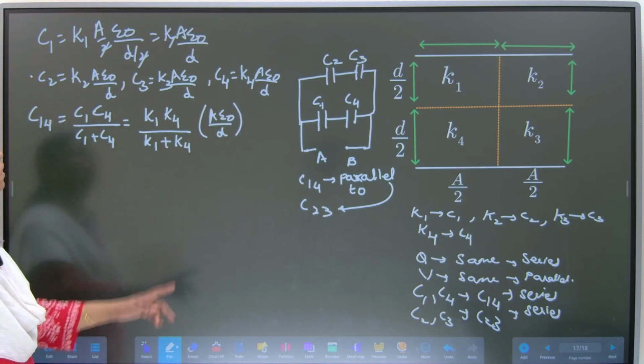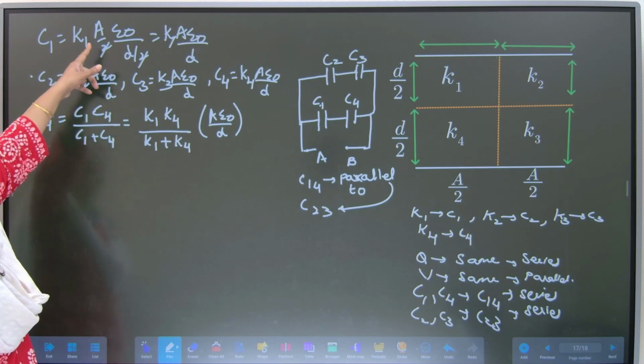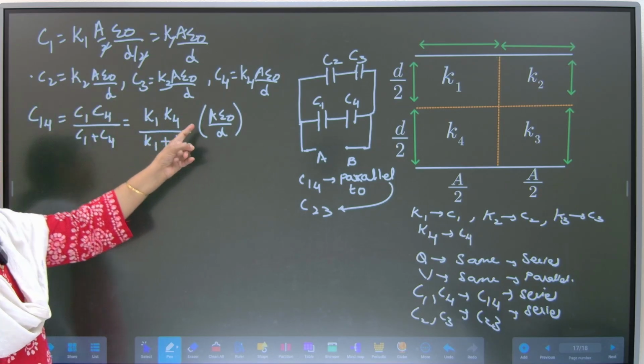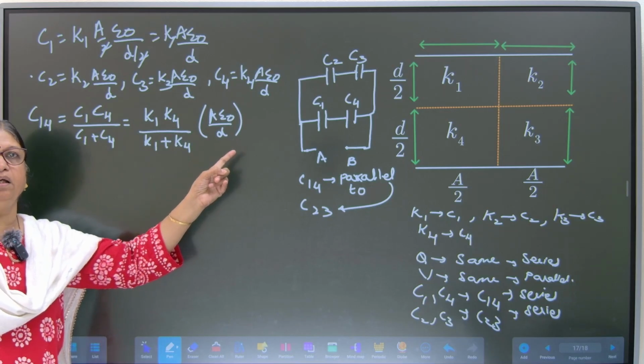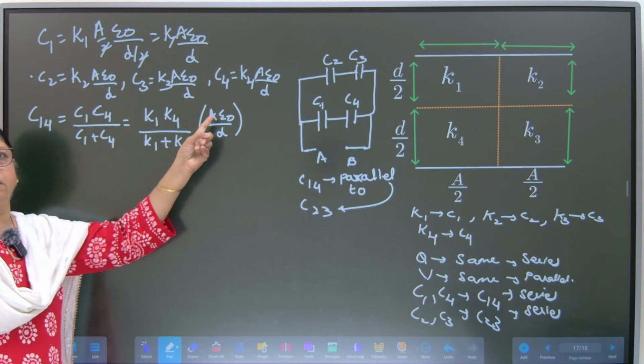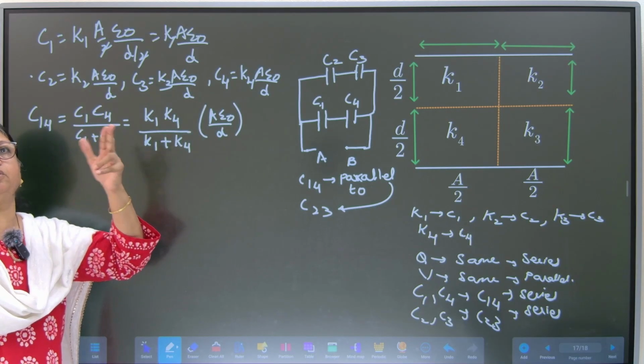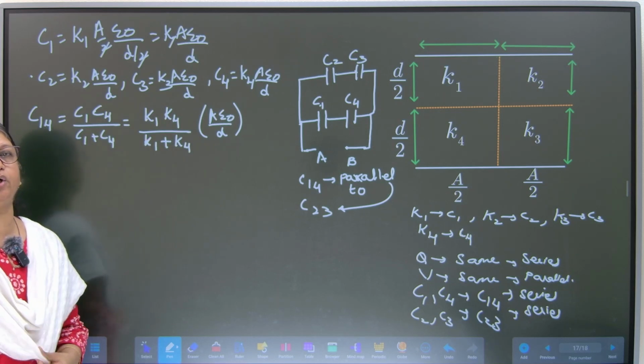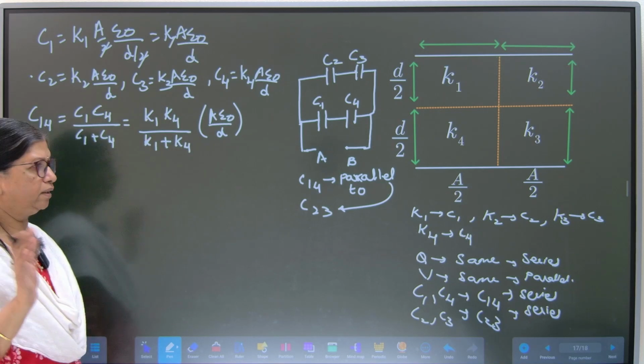Simple maths, because these capacitors have A epsilon naught upon D for all of them, I have taken A epsilon naught upon D common, where the numerator has the power 2 and the denominator has the power 1 for A epsilon naught upon D, so I have cancelled it.